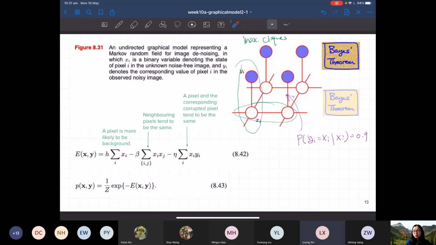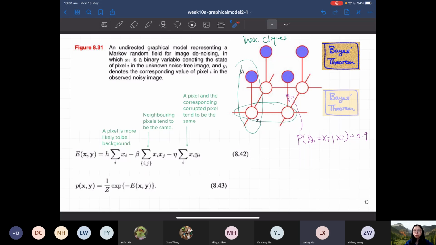Let's plug this energy function back into the joint probability expression. Just taken from 2 pages ago, the probability of this whole set of nodes, x and y's, is 1 over Z. We don't know what Z is and don't care right now. Times exp of negative of the energy.